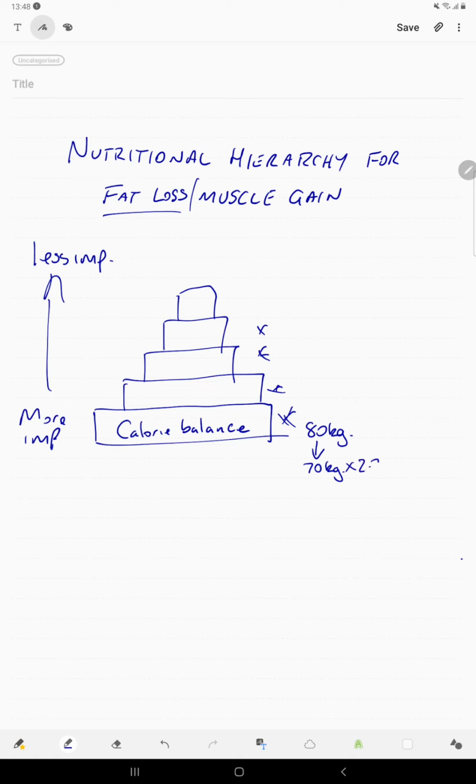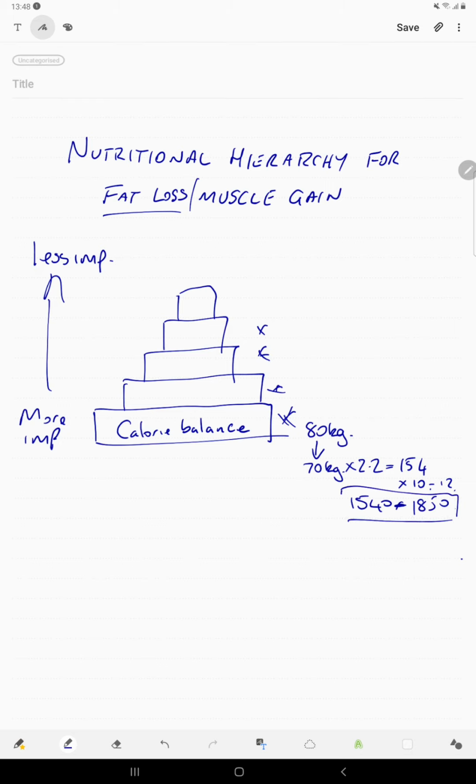Multiply that by 2.2 to get pounds, that's 154. Then you're going to multiply that by 10 or 12. Okay, so multiplying by 10, you get 1540. Multiplying by 12, you get 1850-ish. Okay, so that's your calorie range.